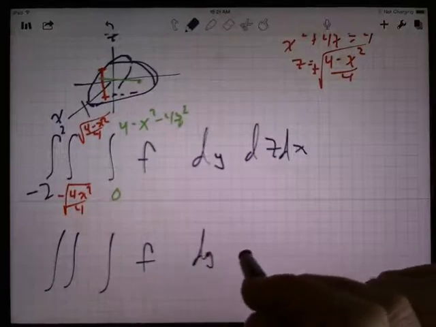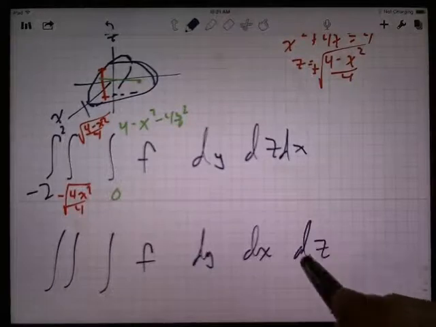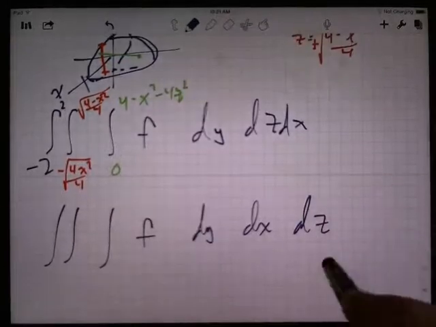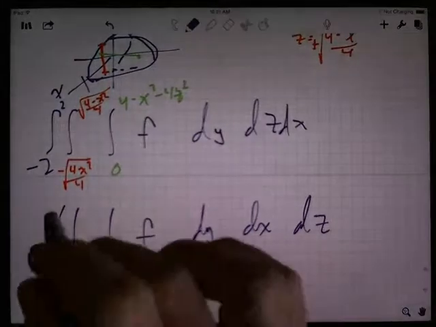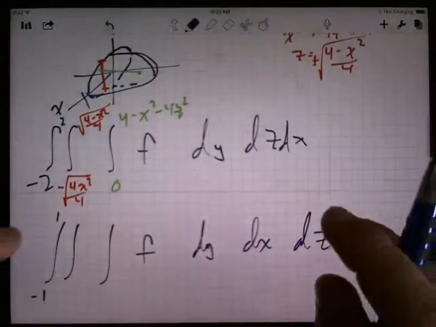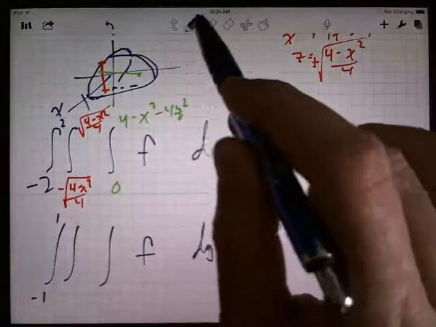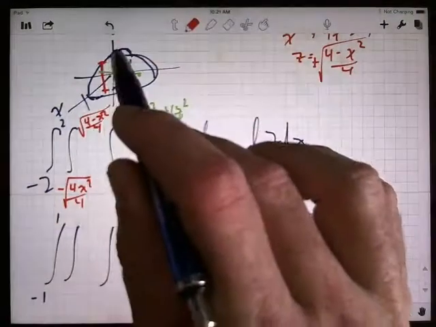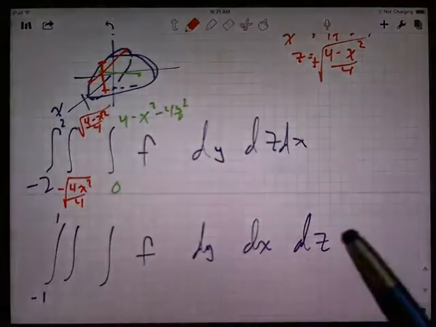Now setting it up similarly, let's do this in blue, with y in the middle, then x, and then z. Z on the outside, I need the minimum z and maximum z. That's from minus 1 to 1. For each value of z, I then need to say, what does x do? So for each value of z, I'm looking at x running from this side to that side.